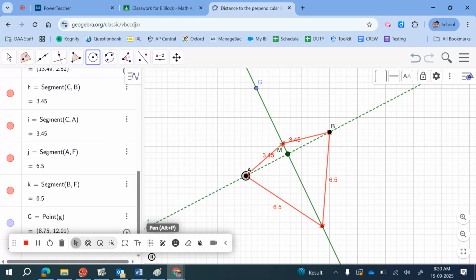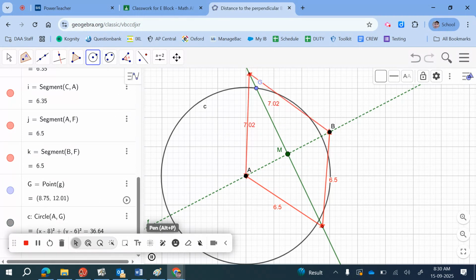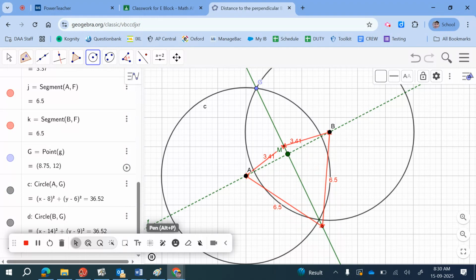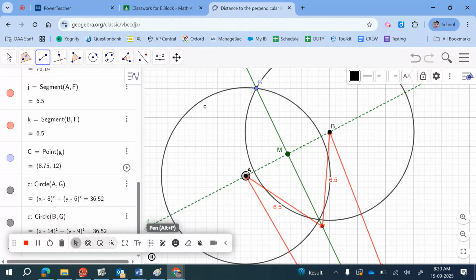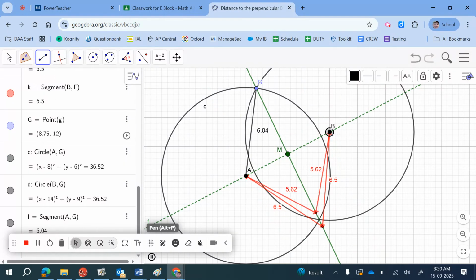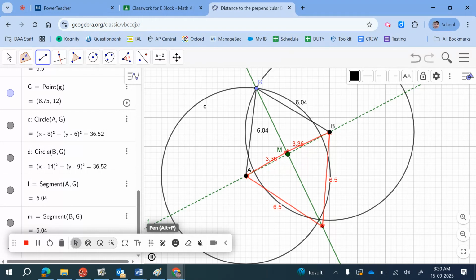So if I draw a circle here through that one, notice it goes through A and G. If I draw one through B and G, these two circles are going to have the exact same radii. So this line here is the radius of the circle. This line here is the radius of the same circle. And these two circles have exactly the same radius. That's how we construct it.